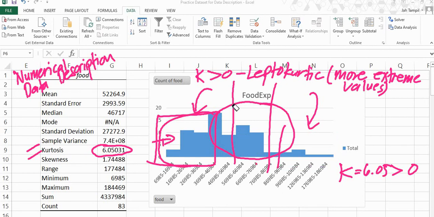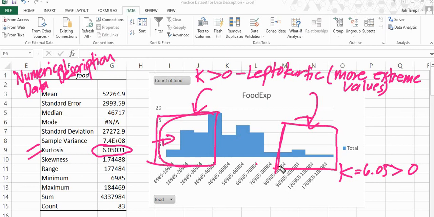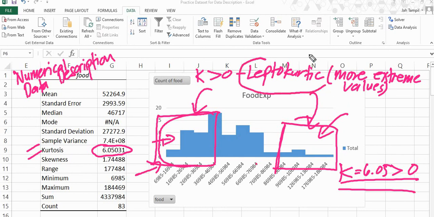So if I am going to erase the middle one and only box this here, we can see that we actually have more extreme values, either very small or very big extreme values. And this is consistent with our kurtosis value, which says our data is leptokurtic, which has more extreme values. And that is how we interpret skewness and kurtosis with the help of our histogram.